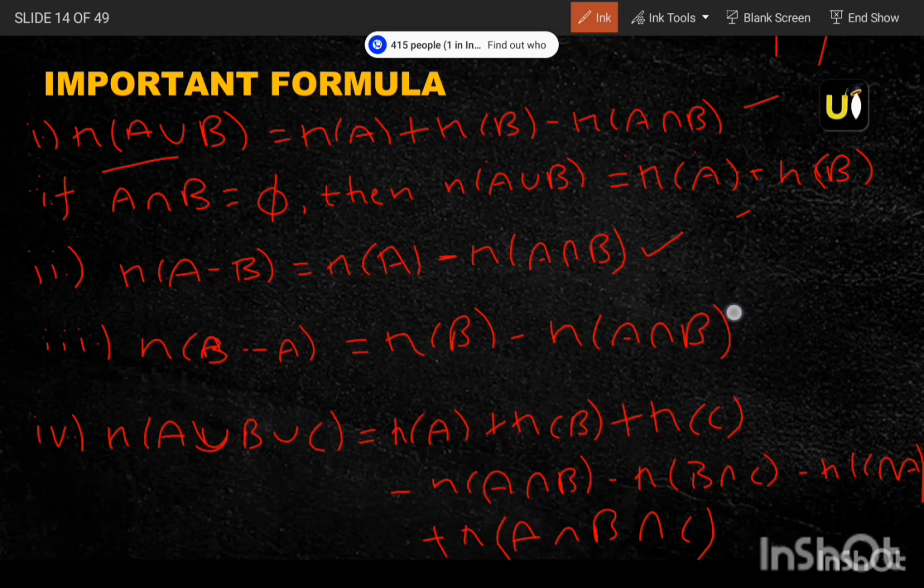Similarly, we use this formula in our previous question. n of A minus B is equal to n of A minus n of A intersection B. Once again we'll see it.